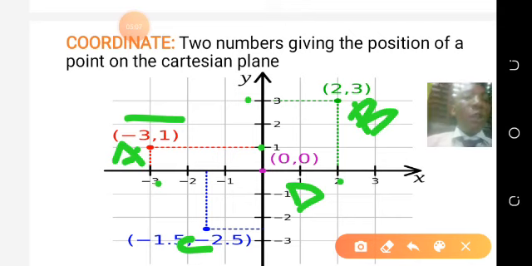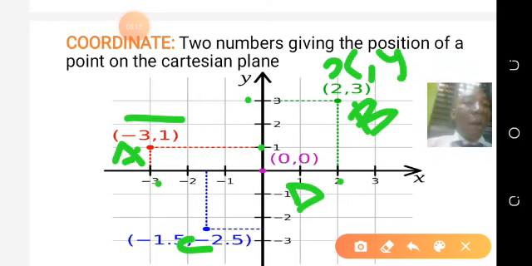That's x comma y. Our x is 2 and our y is 3. So the coordinate of B is (2, 3).